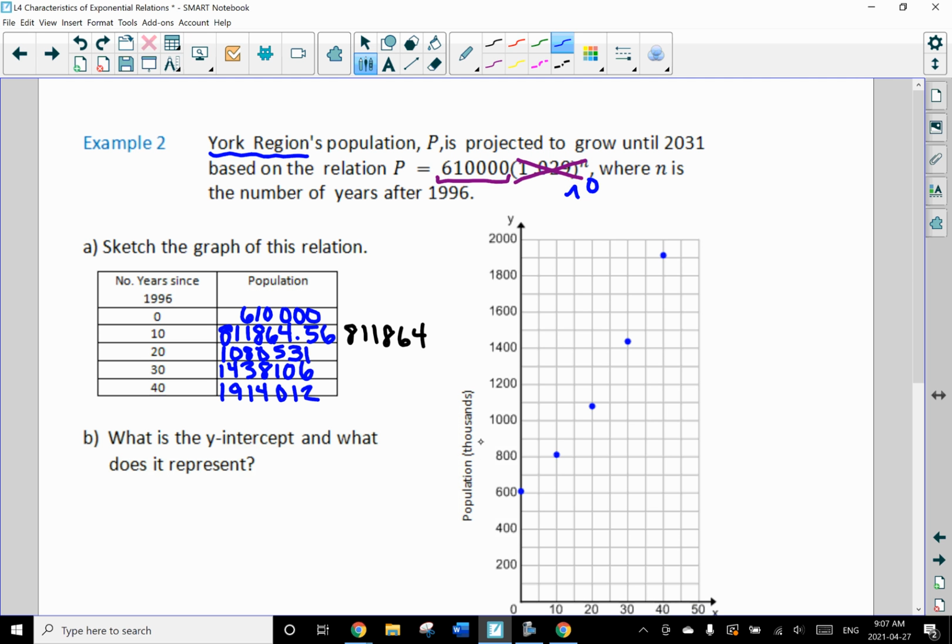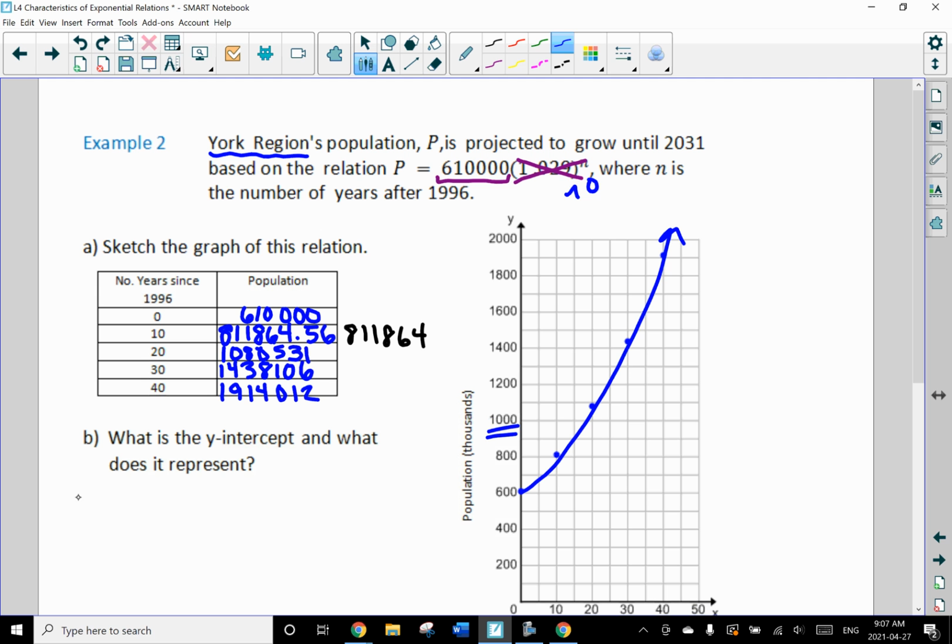Now, this is saying in thousands. 600,000. As soon as you get to this, a thousand thousands, you're dealing with a million. Okay, what is the y-intercept and what does it represent?